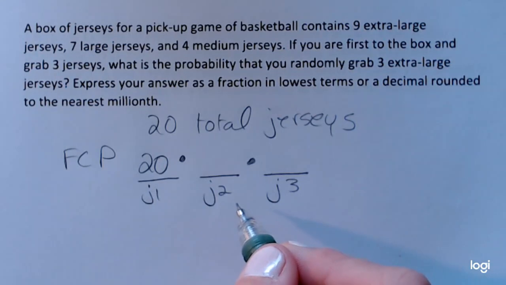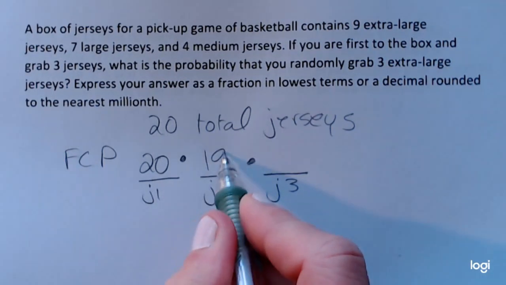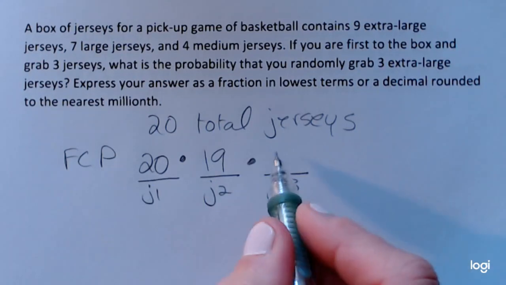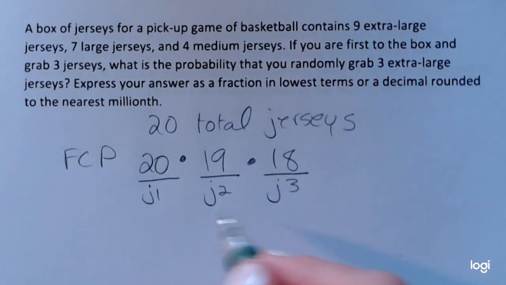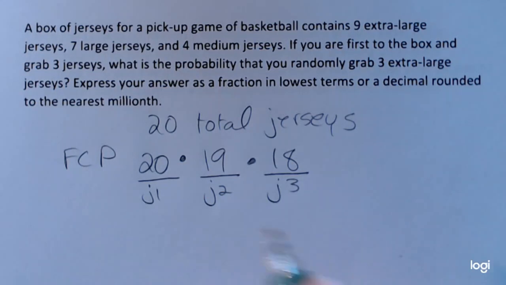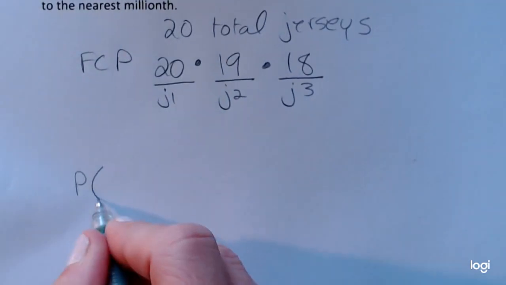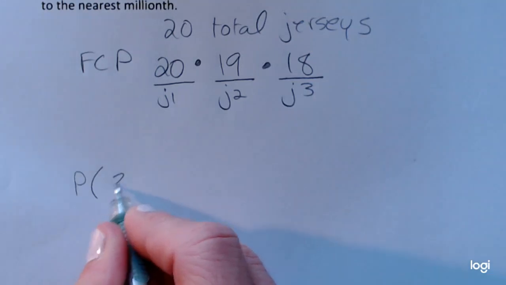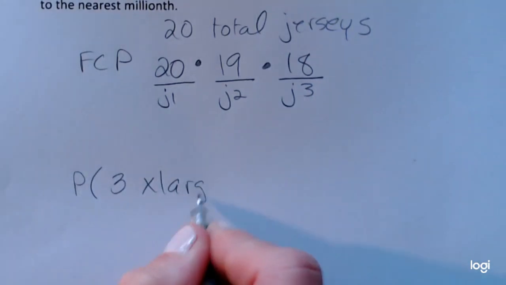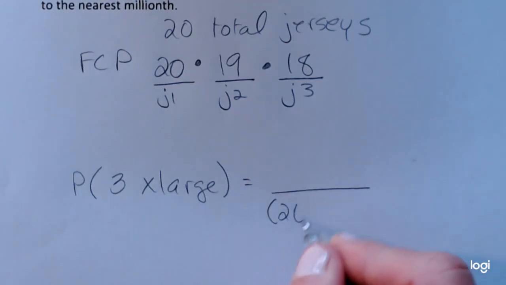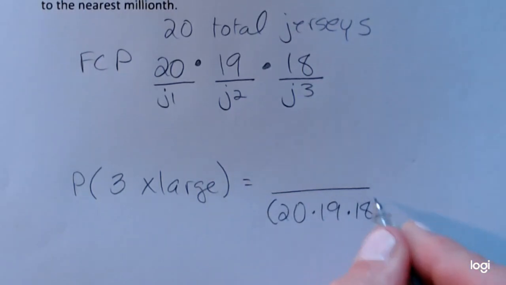So when we select the second jersey, there's only 19 left. And then again, without replacement, there's 18 left for jersey 3. So this is the denominator. The probability that we get 3 extra large has that denominator of 20 times 19 times 18.